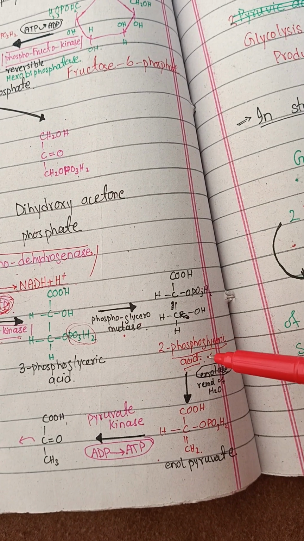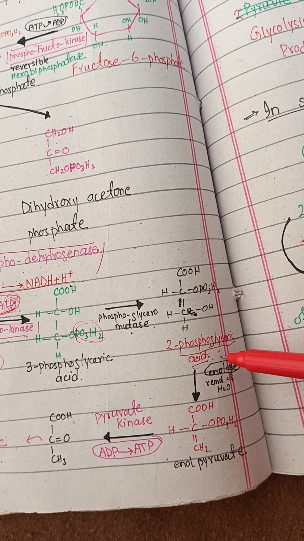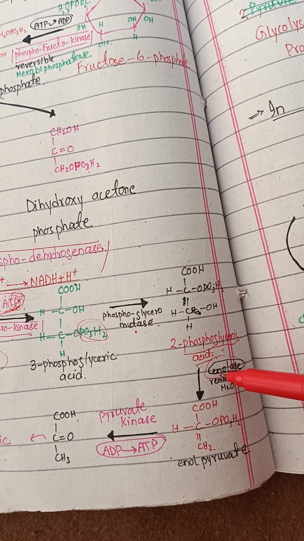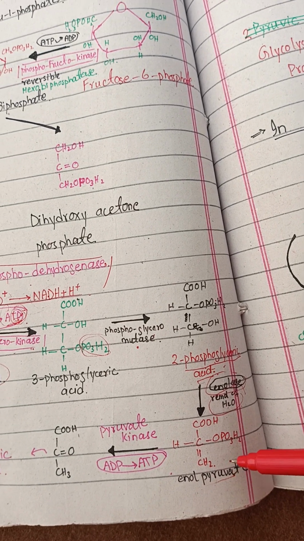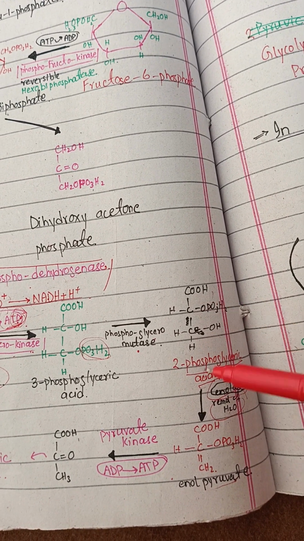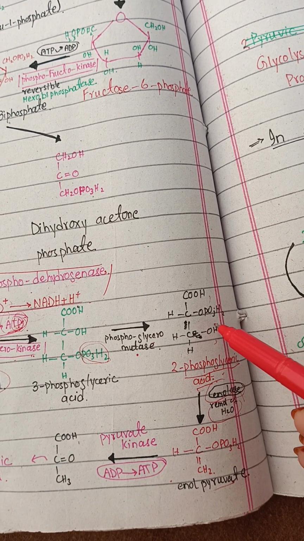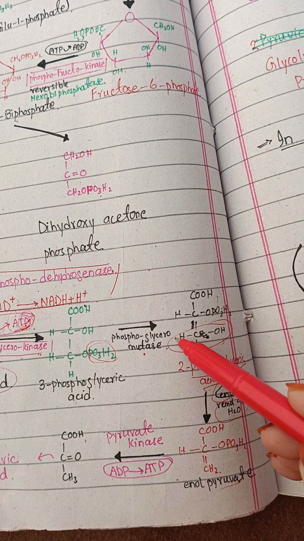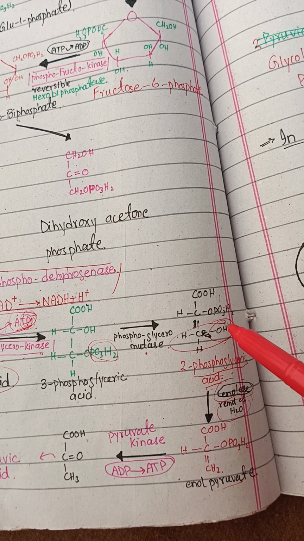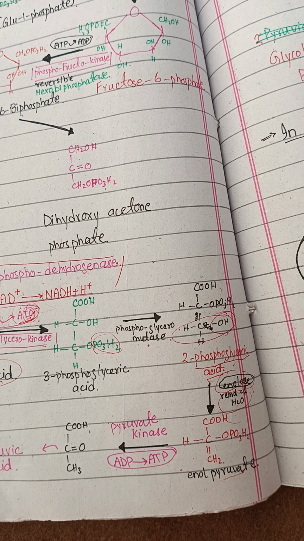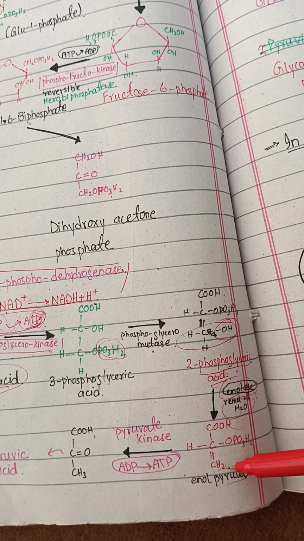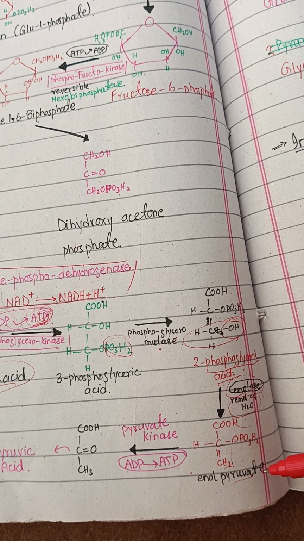Now this 2-phosphoglyceric acid by the enzyme enolase and by the removal of water, is converted into enol pyruvate. Enol pyruvate has the same formula, but the difference is in this group. This group has 2 carbon atoms, but this OH group is removed to form water, and a double bonded CH2 is formed, which is called enol pyruvate.